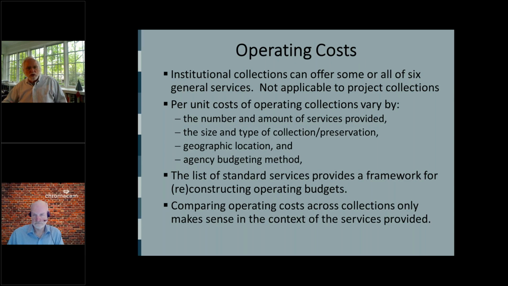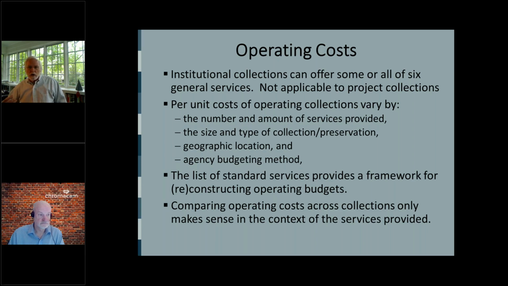So when we approached the question of how do we estimate operating costs, we recognize that institutional collections can offer just one or two of the basic services. Accessioning and preserving are the two most basic services, but many collections provide 5 or 6 of those services. These services are not applicable to project collections.